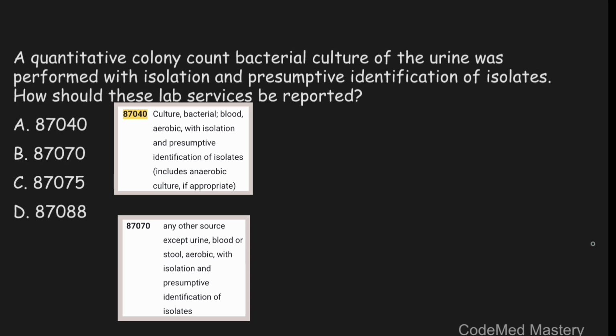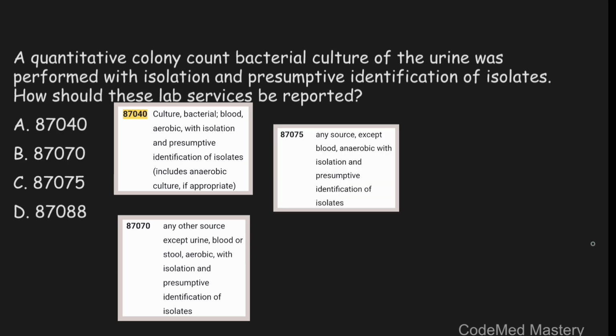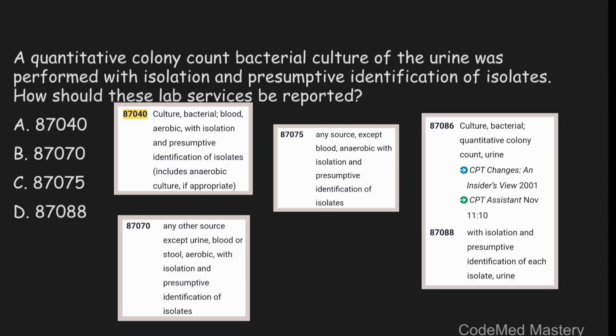And option C, 87075, is for culture bacterial any source except blood anaerobic with isolation and presumptive identification of isolates. And option D, 87088, is for culture bacterial with isolation and presumptive identification of each isolate urine.